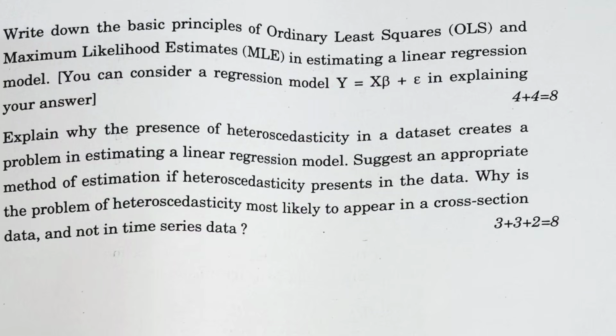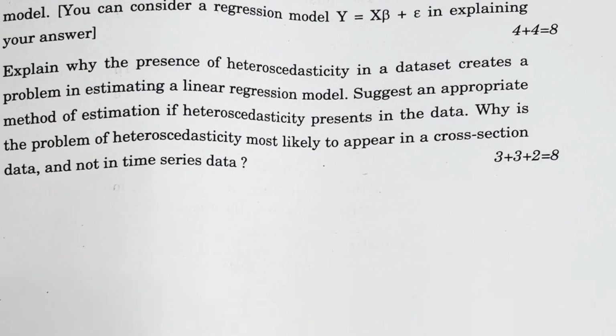Then the questions are related to econometrics. So write down the basic principles of ordinary least square OLS, maximum likelihood estimators. In estimating the linear regression model, you can consider the regression model y is equal to beta times x plus e in explaining your answer.